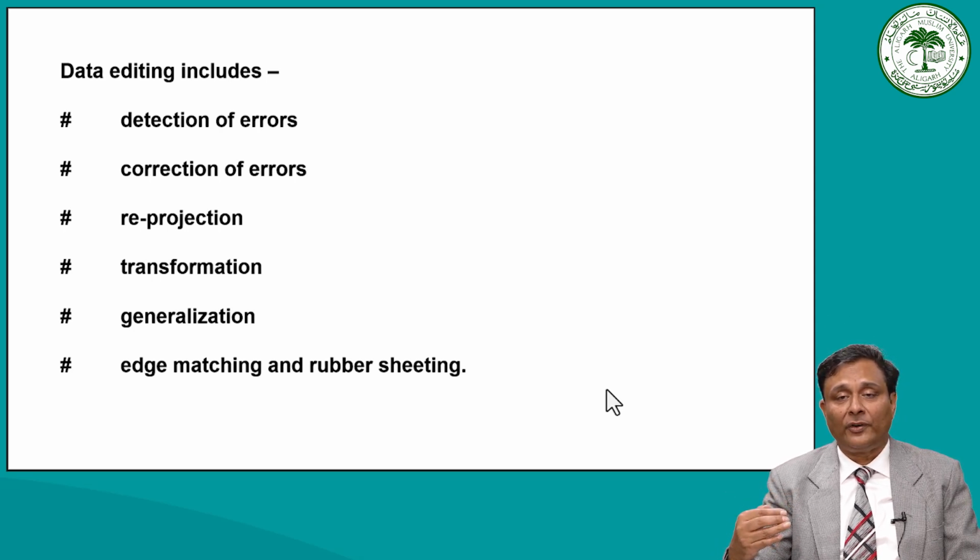Then we need to reproject it for our analysis. If required, we need to transform the information, and if required, generalize it. And if spatially any error remains, then edge matching and rubber sheeting, which we will discuss in detail later on, can also be done for data editing.